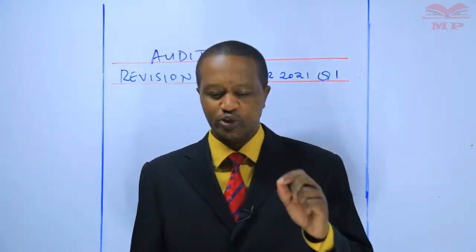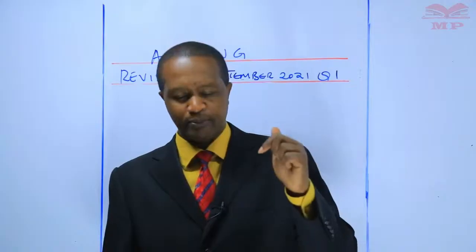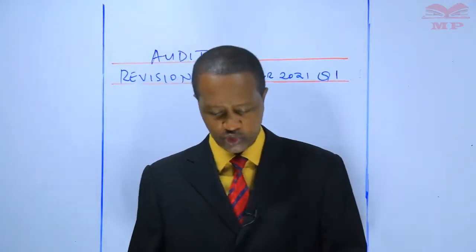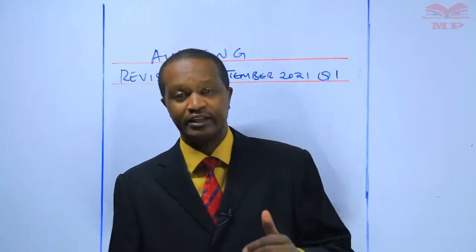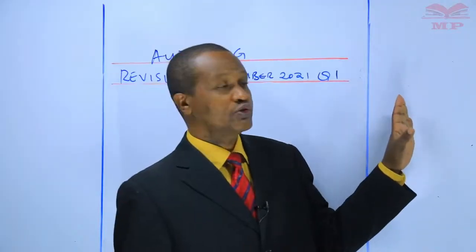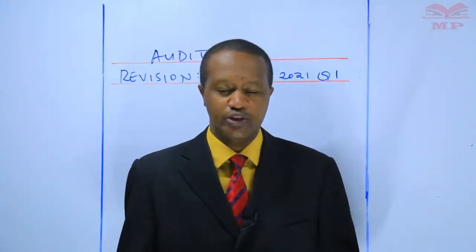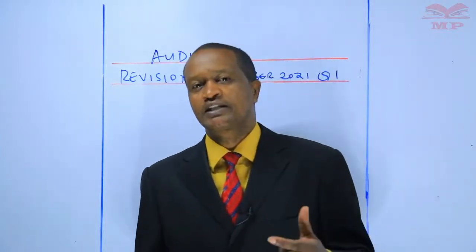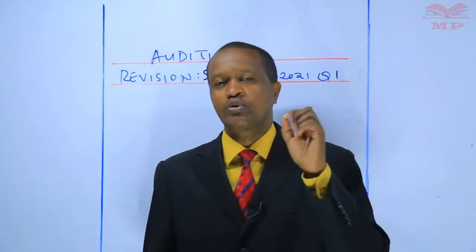In today's session, I'll revise question number 1. And before you proceed with this session, I urge you to try and see if you can answer the question on your own. Then you can come back and check how I've also answered it. We compare notes. That's the best way to revise. Don't be a spectator. I'll be answering a question at a time.